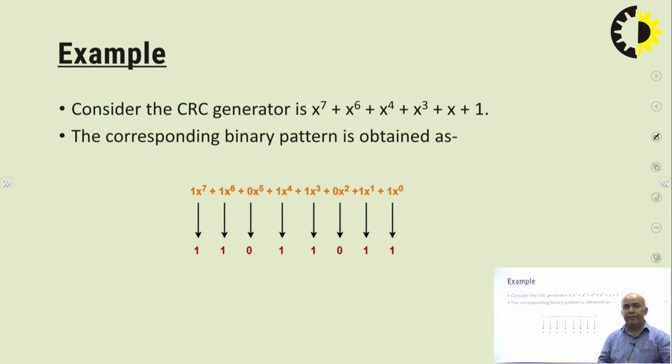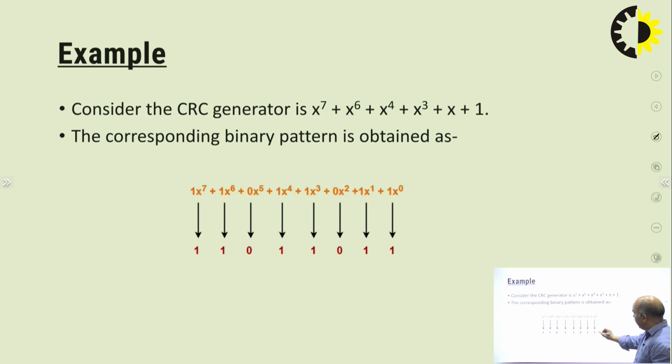From right to left, 1 is multiplied by x to the power 0, then x^1, x^2, x^3, x^4, x^5, x^6, x^7. By using that, we will generate the binary pattern.